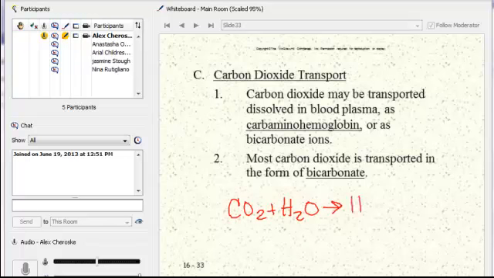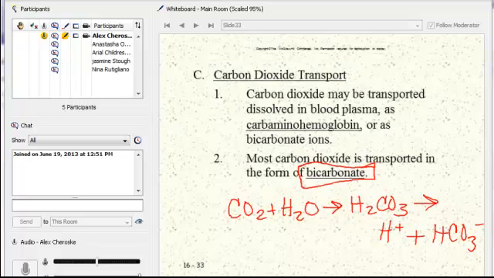Carbon dioxide plus water gives us carbonic acid, which dissociates into a free hydrogen ion and a bicarbonate ion, like you see there. So probably about 70% of the carbon dioxide is transported as bicarbonate ion, like we see in that chemical equation. Okay? The rest of it, about 30%-ish, is transported attached to hemoglobin.